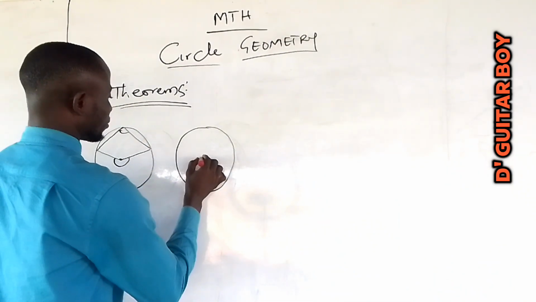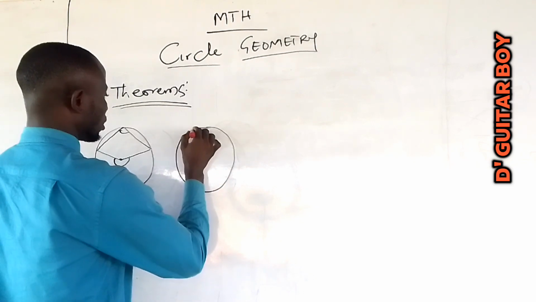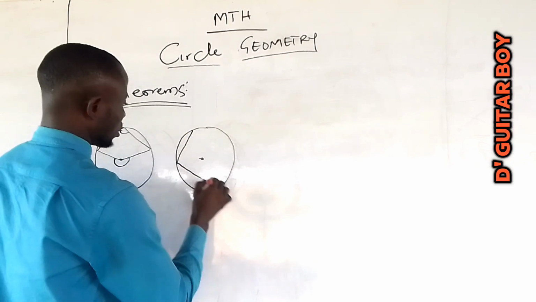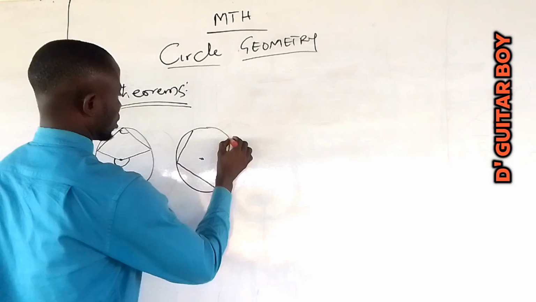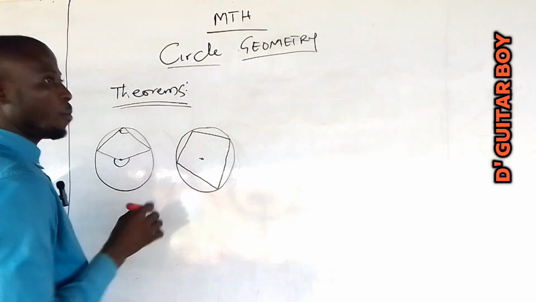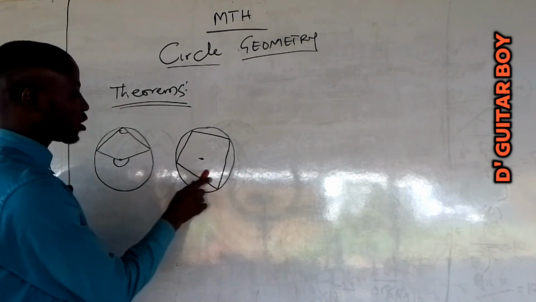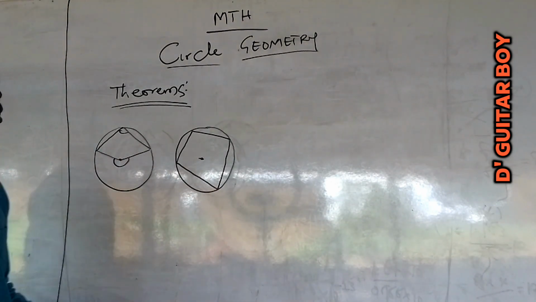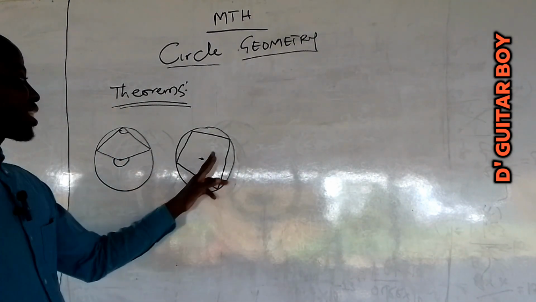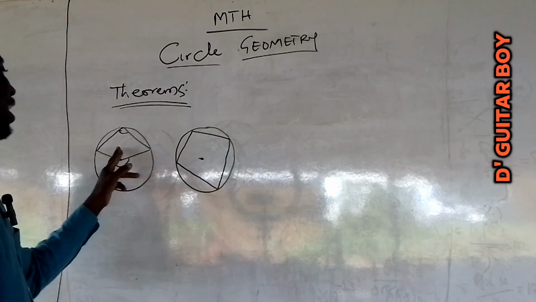Look at this other one, this new one. Maybe I have something like this. Some people mistake these two. They are not the same. This is a cyclic quadrilateral. This is not a cyclic quadrilateral.